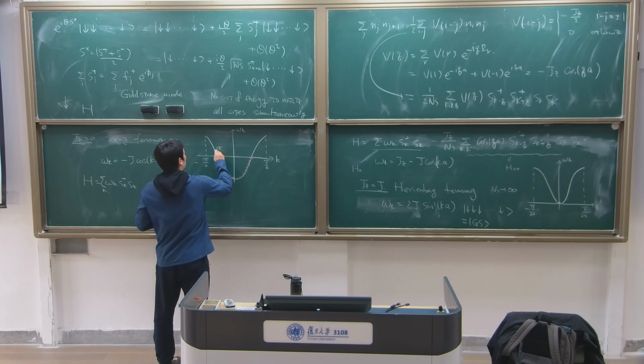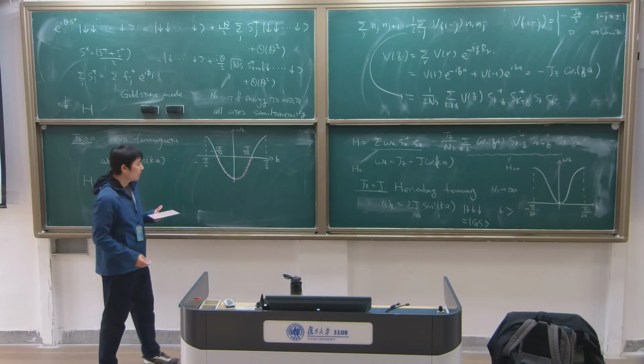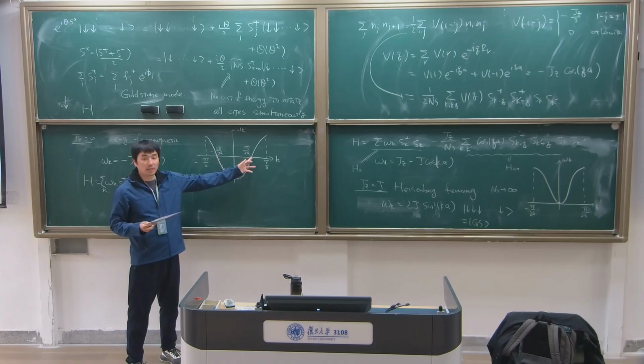So this is pi over 2a, minus pi over 2a. This is pi over 2a. So this in fact becomes the Fermi surface, and this is the Fermi momentum.